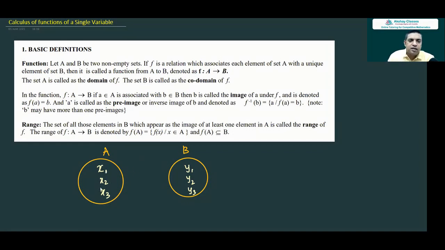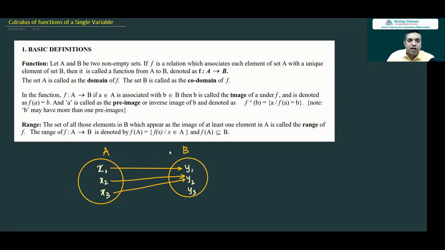When every element of A is involved in the mapping, like X1 is mapped to Y1, X2 is mapped to Y2, and X3 is mapped to Y2, let us say.